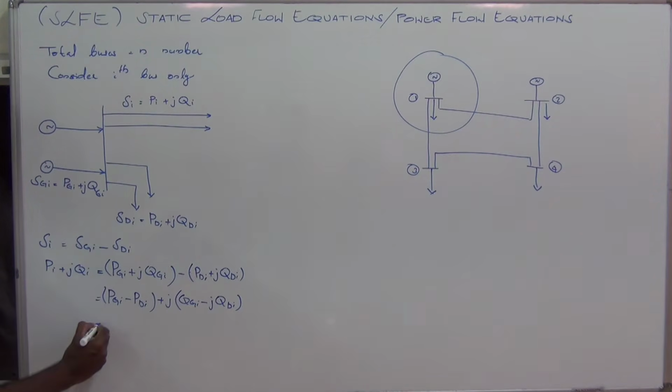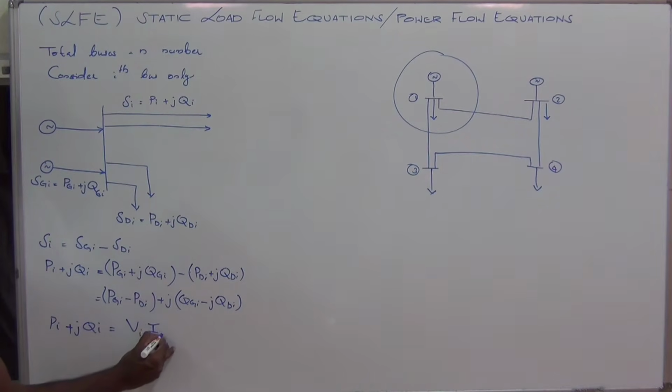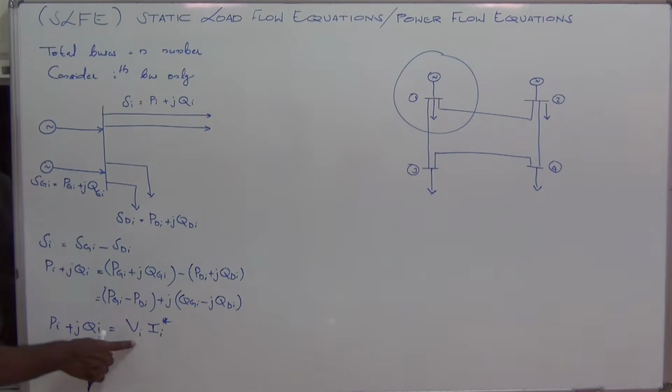So this can also be written as Pi plus j into Qi equals Vi into Ii conjugate. Both Vi and Ii are vectors. If you take the conjugate on both sides, it becomes Pi minus jQi.